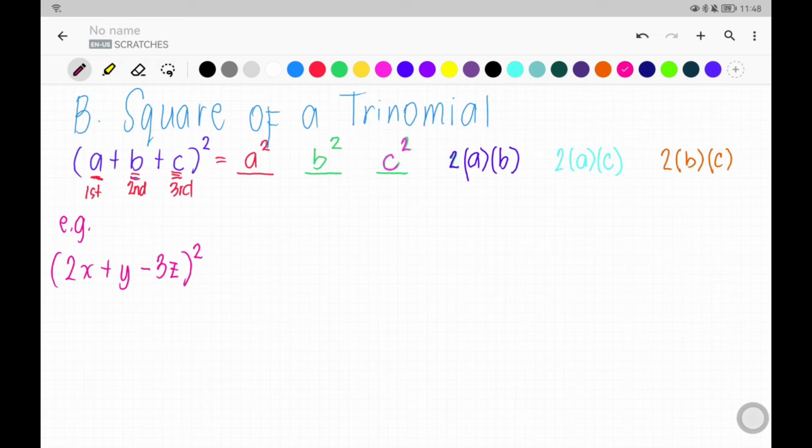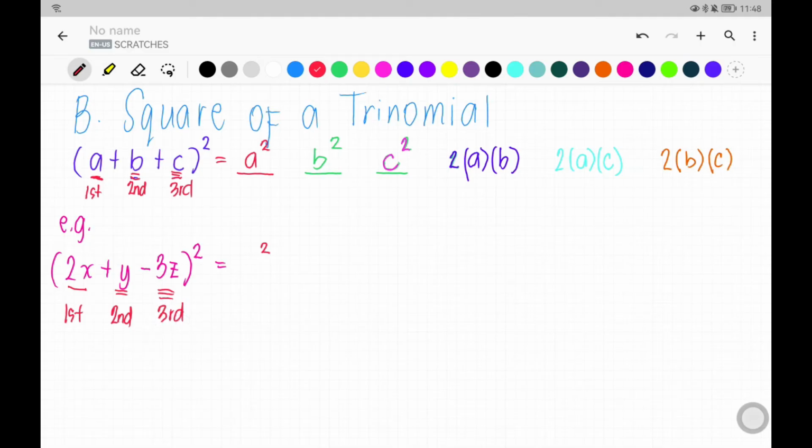You get the square of 2x plus y minus 3z. So this is equal to, of course, square the first term. Ang first term natin ay si 2x. Yan yung first natin. Ito yung second natin. Ito naman yung third natin.